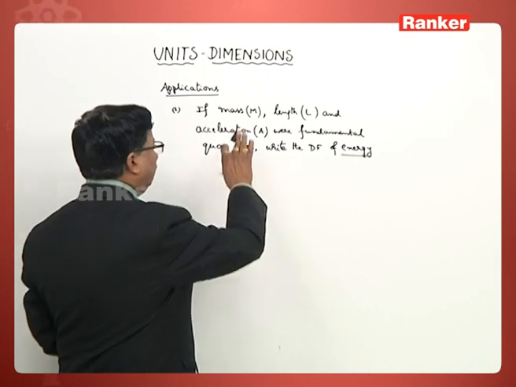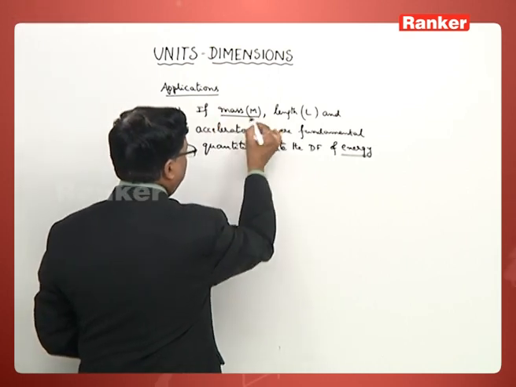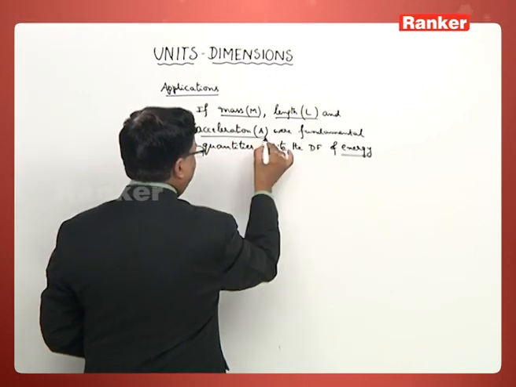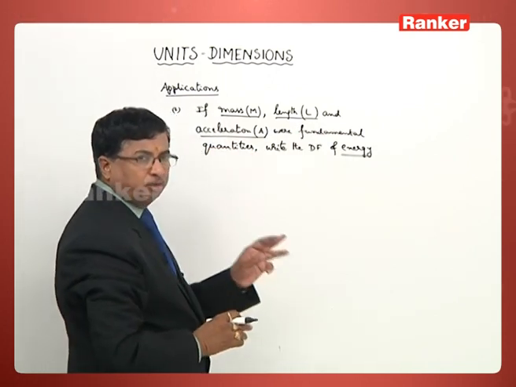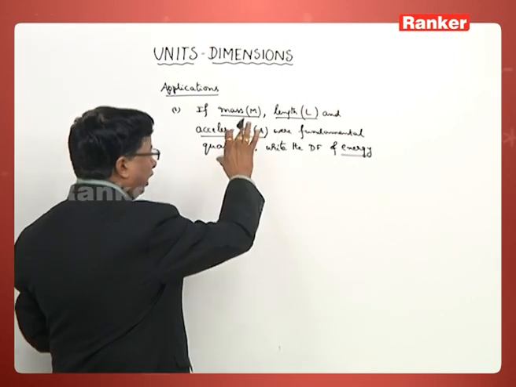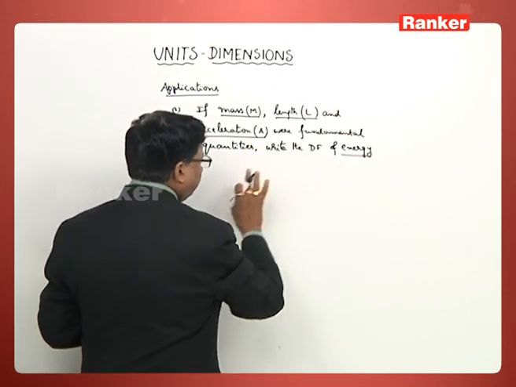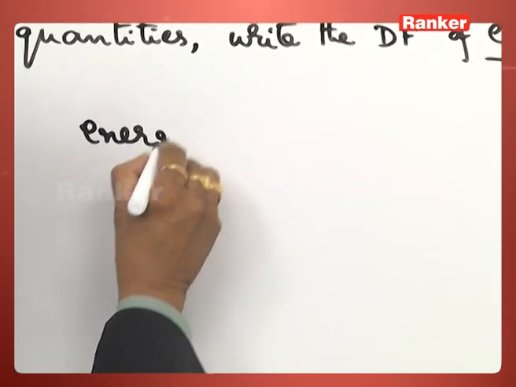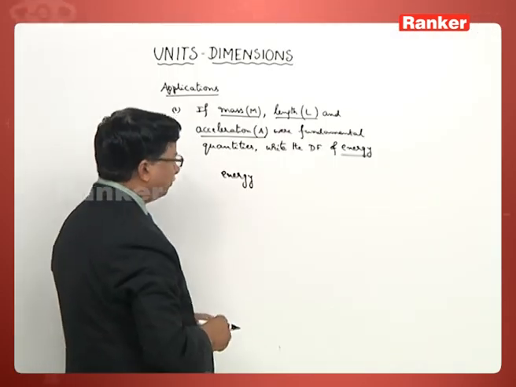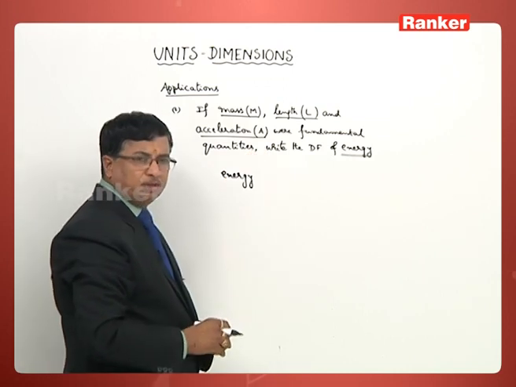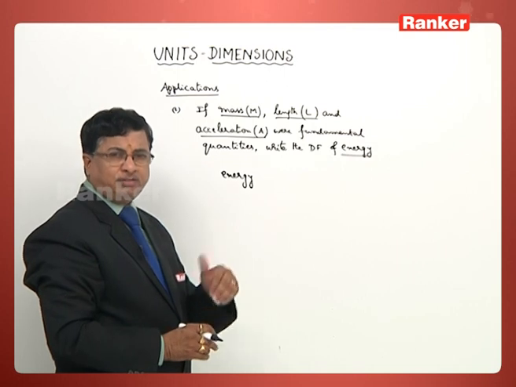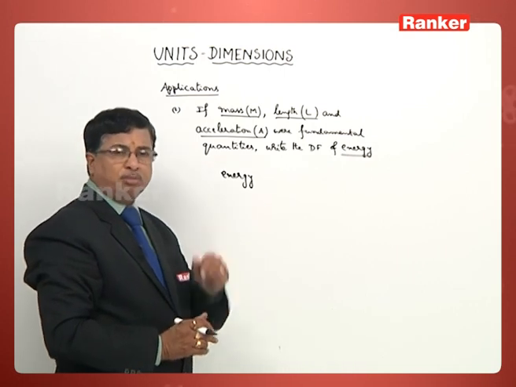So, what are the 3 fundamental quantities he is talking about? Mass is one, length is the second one, and acceleration is the third one. So, when you take these 3, energy is the one that I want. In reality, this can be worked out in 2 ways. One is a direct method. If you can adopt that method, you can go ahead with that. Otherwise, the second one is a calculation method.